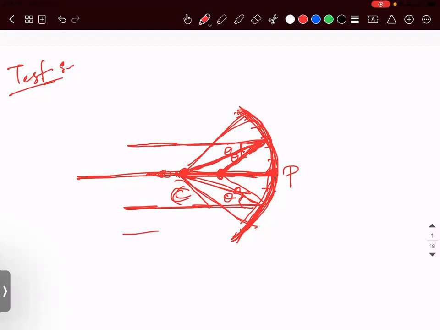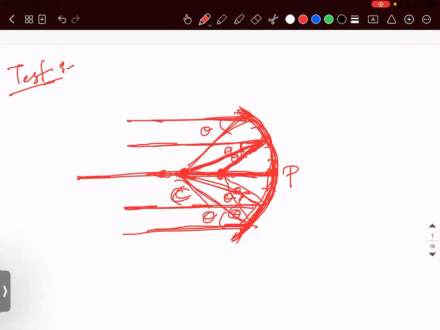So let's say the ray is coming here. This is theta now. So this will be again theta. So if the ray is coming here, this is theta. Why is that theta? Because it is always measured with respect to the normal.